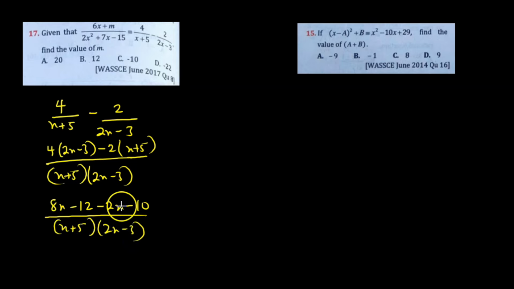Expanding and simplifying the numerator, we are going to get 8x minus 12 minus 2x, then we have minus 10, all on x plus 5, all multiplying 2x minus 3. Remember, we can simplify the numerator. 8x minus 2x will give us 6x, and then negative 12 minus negative 10 will give us negative 22, all on x plus 5 multiplying 2x minus 3.